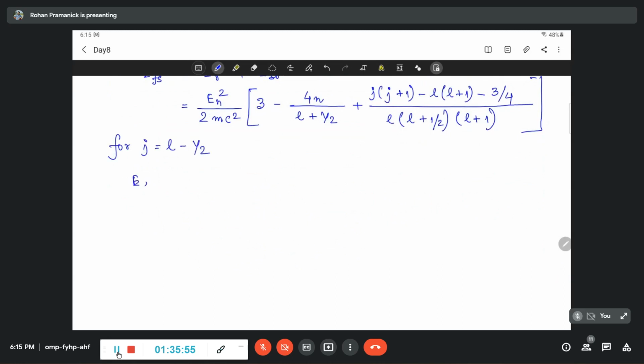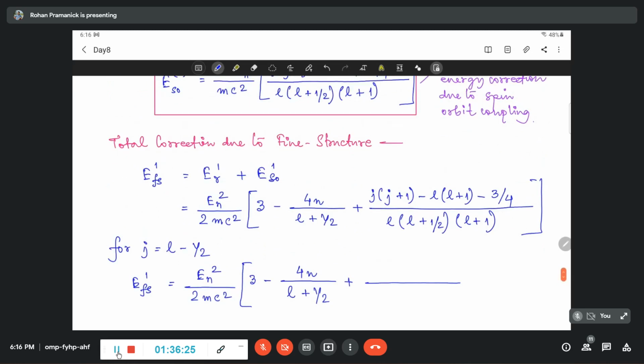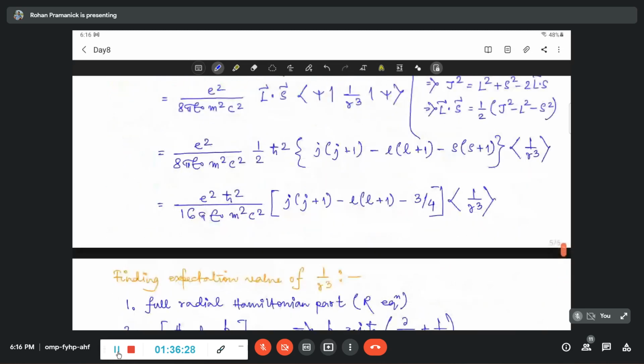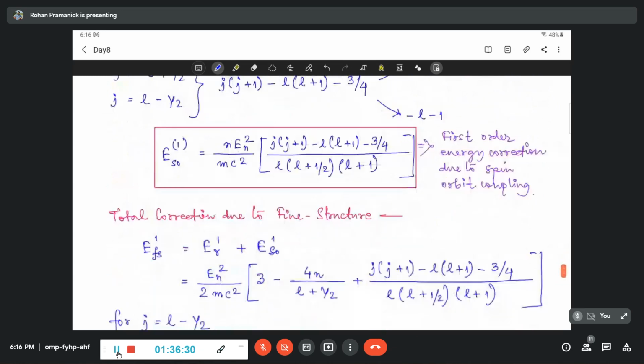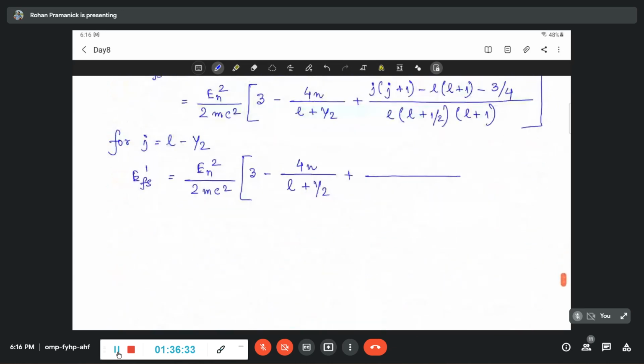Then E_FS1 becomes E_n squared by 2mc squared, 3 minus 4n times L plus half by L plus half, plus this becomes L, right?